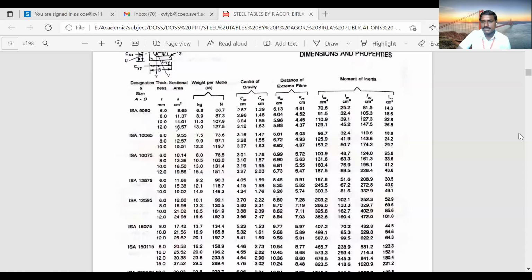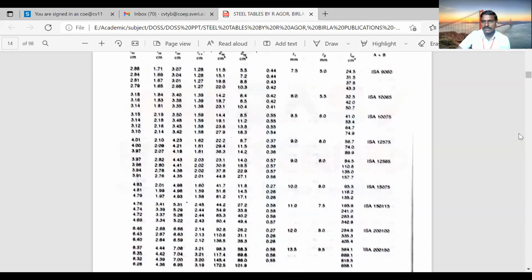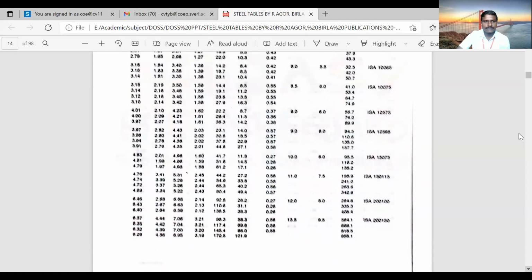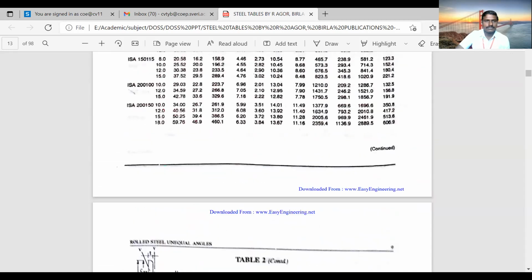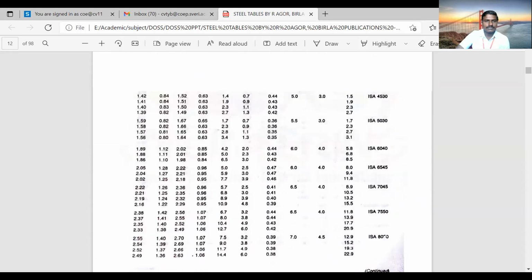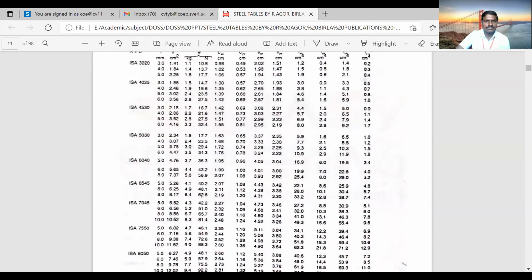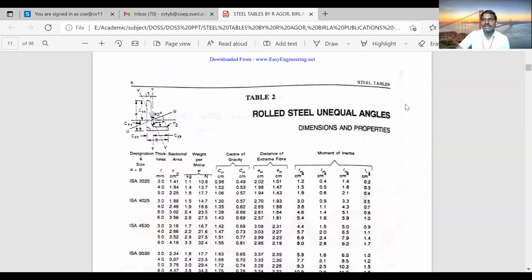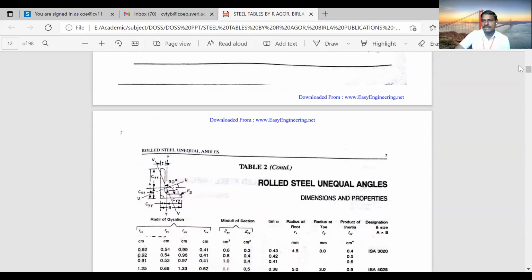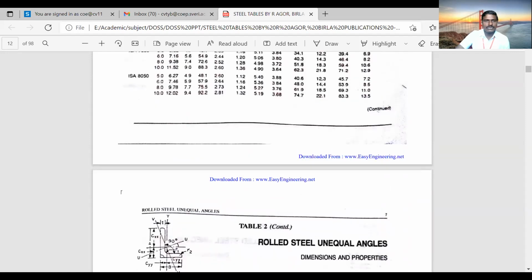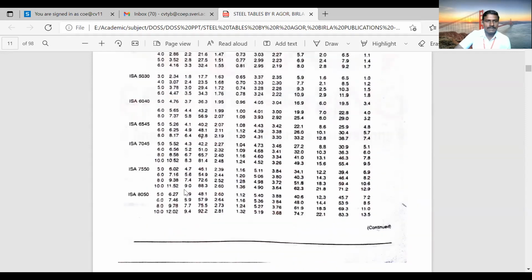See, we will see here, whatever shared screen you can see. This is the unequal angle section. So the required area is 632.